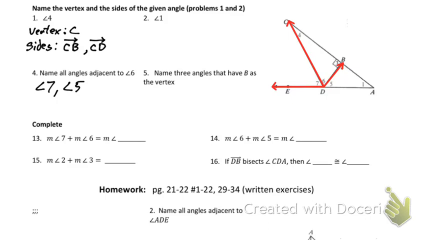So the measure of 7, say it's 42 degrees, plus this, 30 degrees, you just add those two things together and you get the measure of the bigger angle. So the measure of angle 7 plus the measure of angle 6 equals the measure of BDE, the bigger one that we had there.